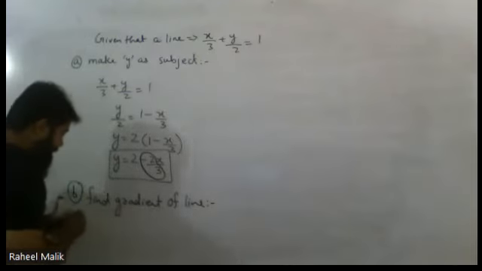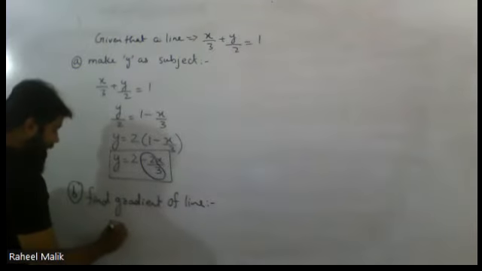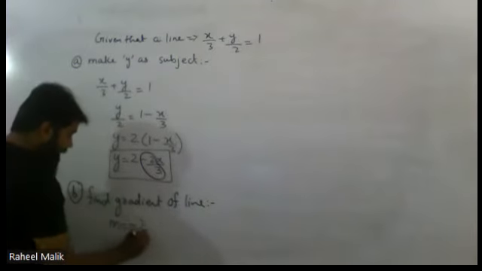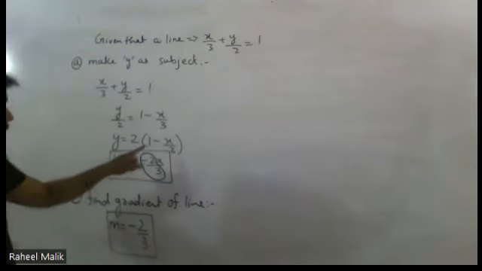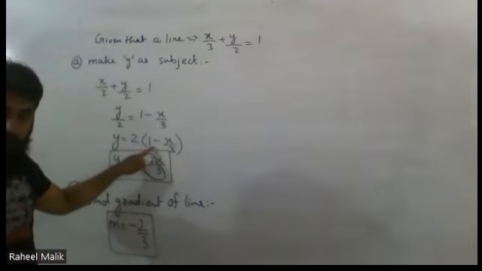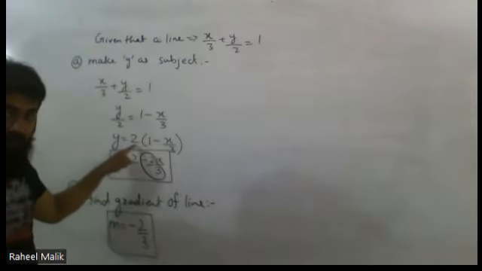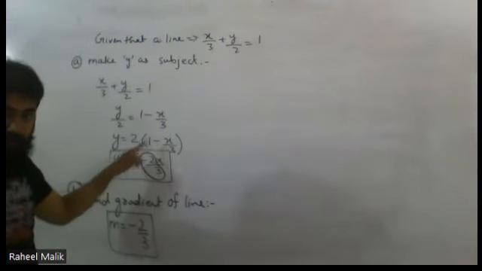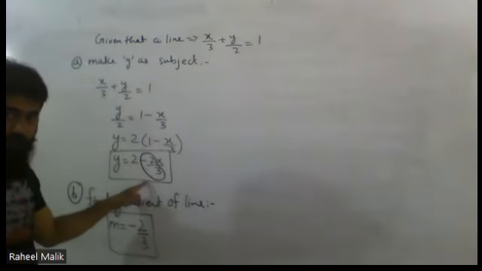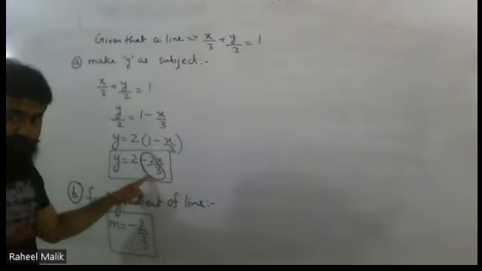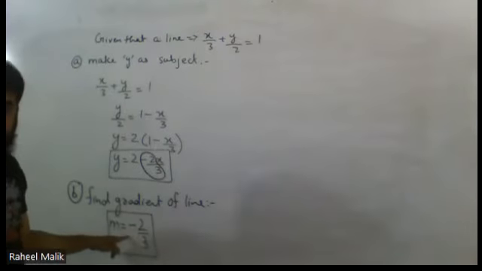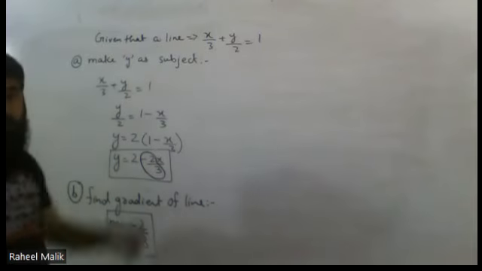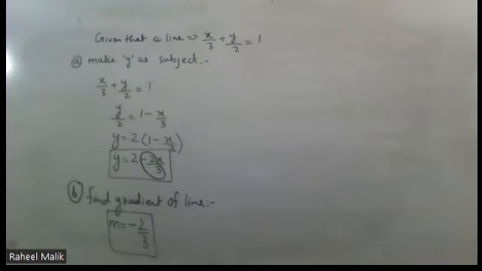So over here, the gradient of this line will be minus 2 over 3. Okay, you will not take it out from here because over here it is not in the simplified form. 2 is also multiplied by this whole thing. So I multiplied 2, I've got this one, and after that the coefficient of x will be considered as the gradient of this given line.